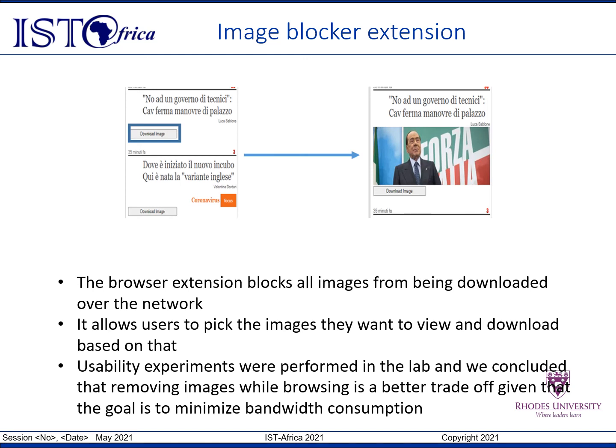Our image blocker extension. The browser extension blocks all images from being downloaded over the network. It allows you to pick the images you want to view and download. Usability experiments were performed in the lab, and we concluded that removing images while browsing is a better trade-off, given that the goal is to minimize bandwidth consumption.